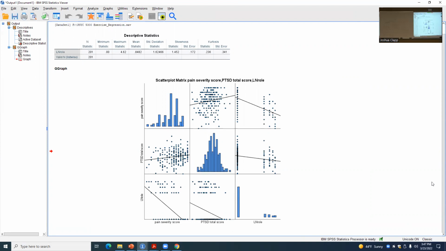Do we have violations of homoscedasticity in any of these plots? What do you think, Elizabeth? You think so? Which one looks like it might have some problems with heteroscedasticity? Remember, we're looking for things that have a fan shape to them. Is there anything in here that looks potentially problematic?